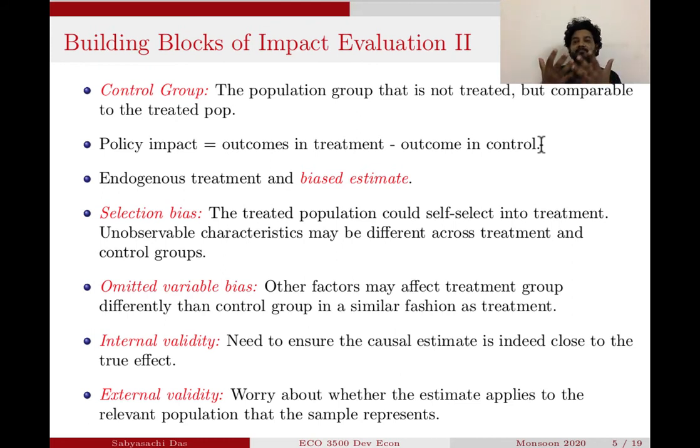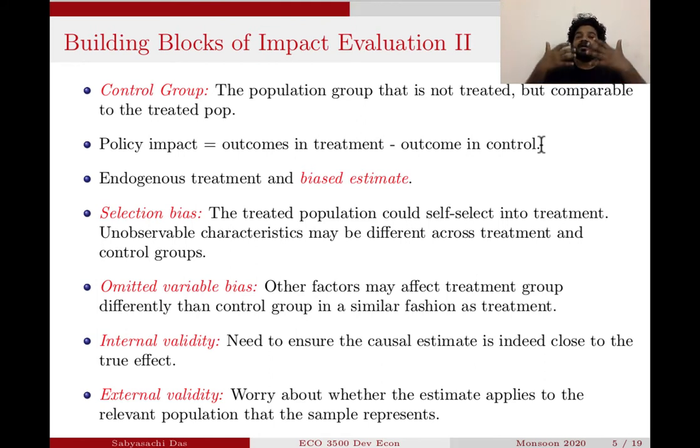You are following some method, and if you can ensure that in your estimation method you get rid of selection bias and omitted variable bias, then your estimate would be close to the truth. So what we'll say is, in the sample of villages where the bank branches did open up, so where you could have a treatment and control group of people with and without bank accounts, the estimate will be internally valid.